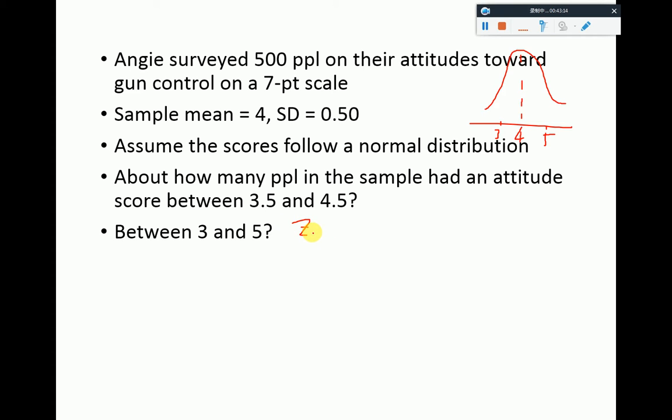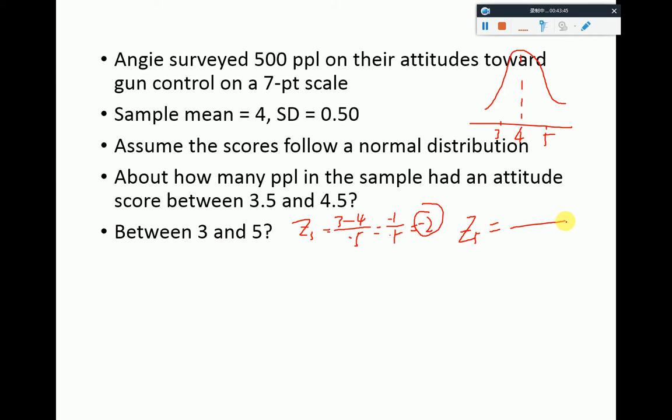So the z-score for 3 is 3 minus 4 divided by 0.5. That will be negative 1 divided by 0.5. So that's negative 2. That means 3 is 2 standard deviations below the mean. Okay, then what about the z value of 5?